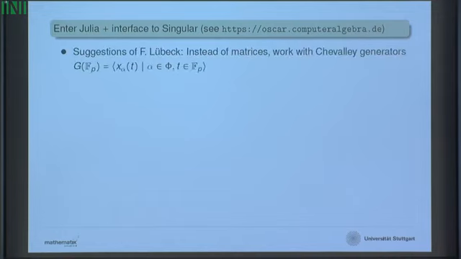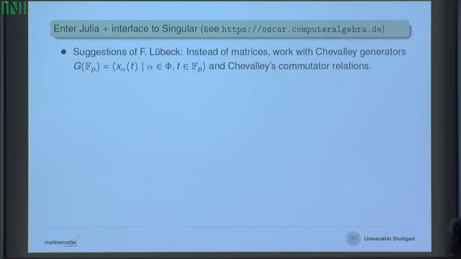Now, from this point on, many things were also done in discussions with Frank Lübeck. First of all, he said, don't work with your 248 matrices, but just work with words in the generators and Chevalley's commutator relations, because then to sort out a word, bring it in normal form, you just have list handling and not matrix multiplication.